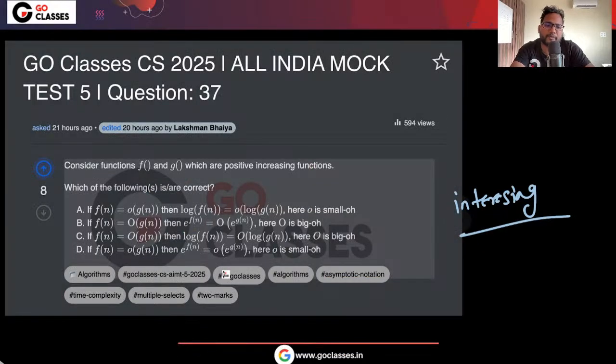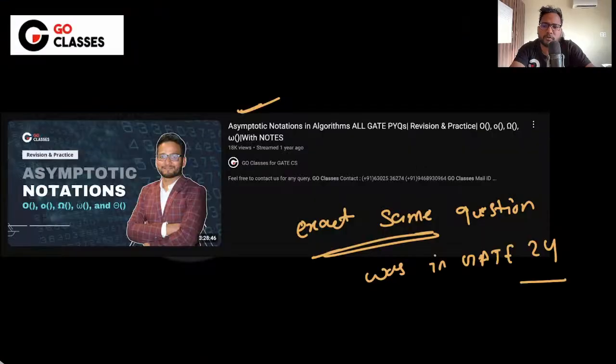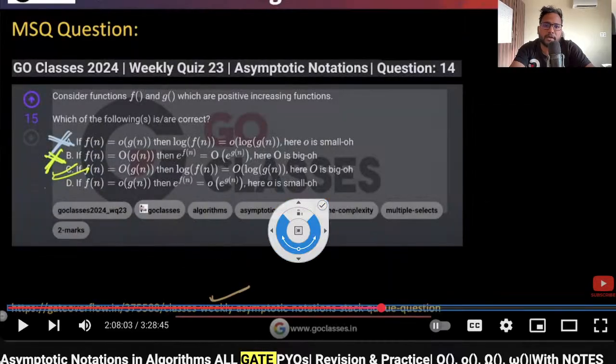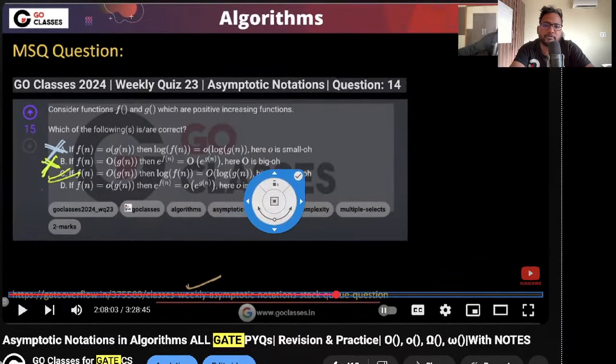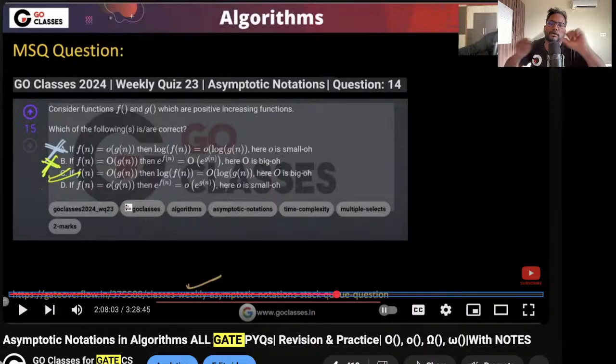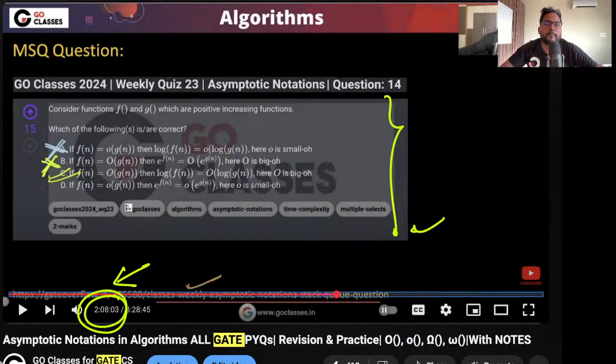I have given this question in AIMT, but I've also given this question last year in one of the weekly quizzes. This year I have not given this question in the weekly quiz, but last year I've given. So last year I've solved this from the weekly quiz. At around this time I've solved the same question here. Okay, but now let me solve it again.